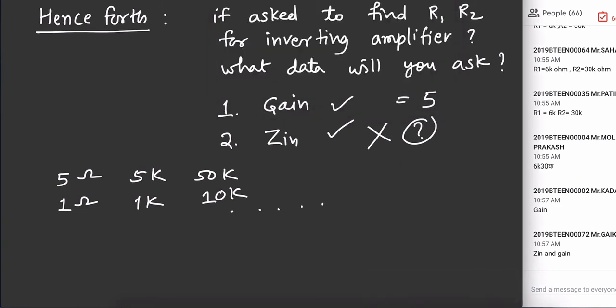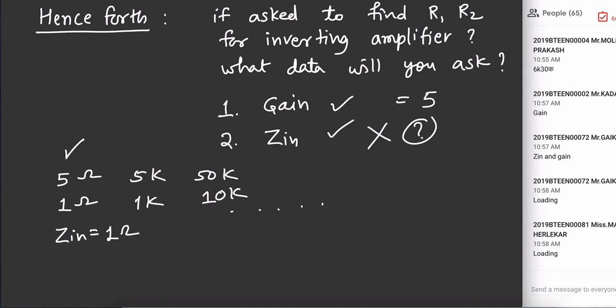Out of these you can choose anything. But if you choose this first one, what problem will occur? If you choose this first one, because you are given freedom, what will happen? If you choose this combination, then Zin will be 1 ohm.